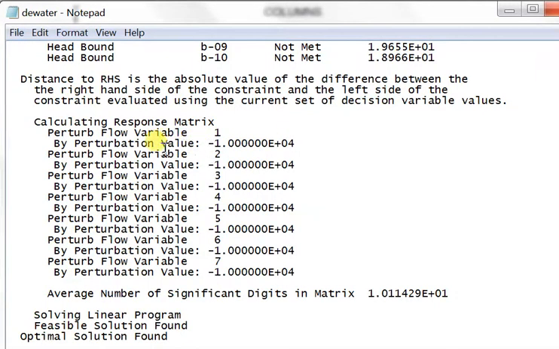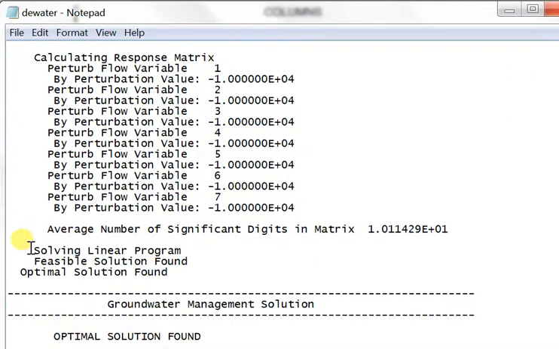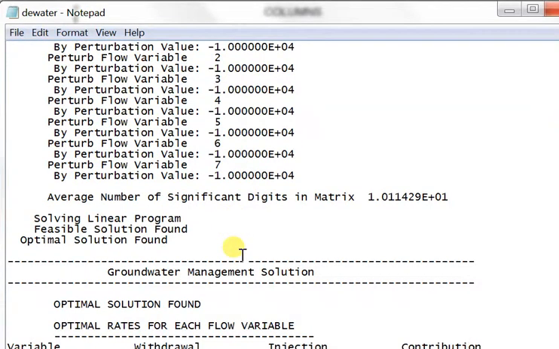And we do that with each one of the variables. So each of these perturbations implies a run of the simulation model. We now move to solving the linear program. A feasible solution is found and an optimal solution is found. Now we move on to the actual solution.